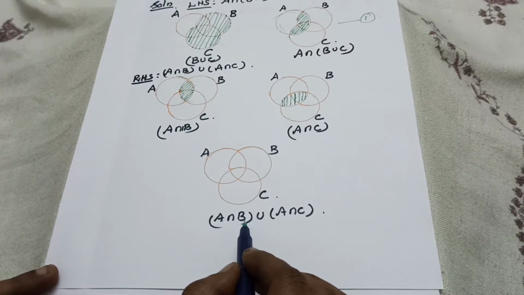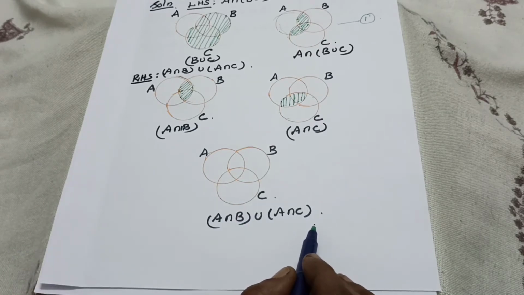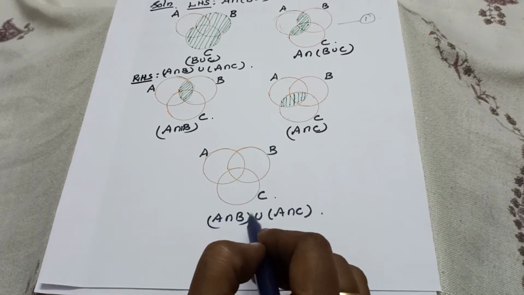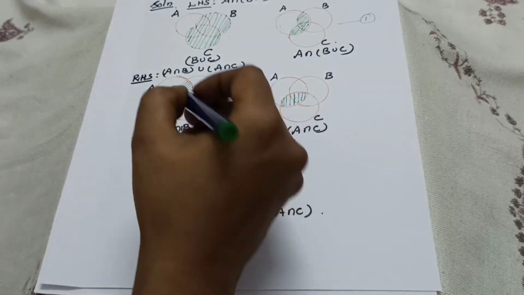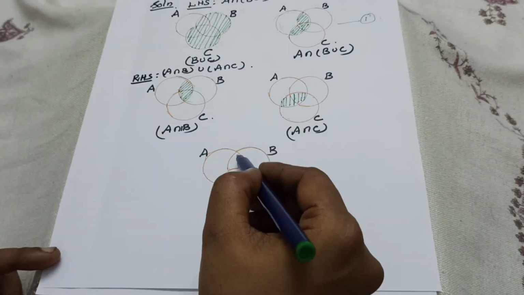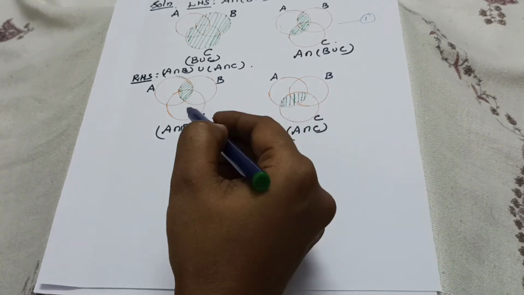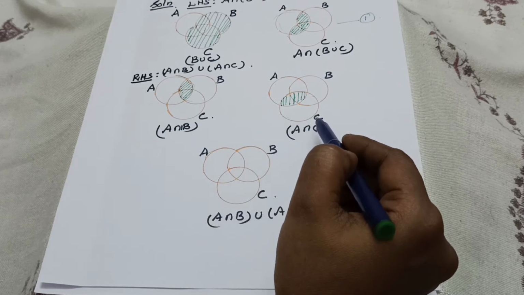A intersection B union A intersection C. A intersection B, this portion only, both union. Union means what? Together we have to shade. This portion and this portion, together we have to shade.